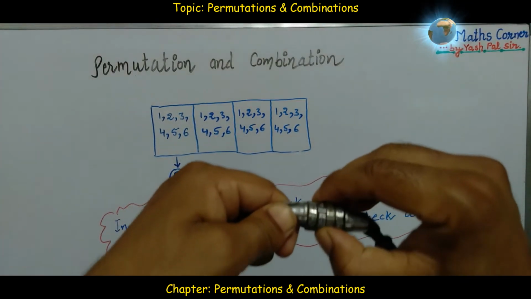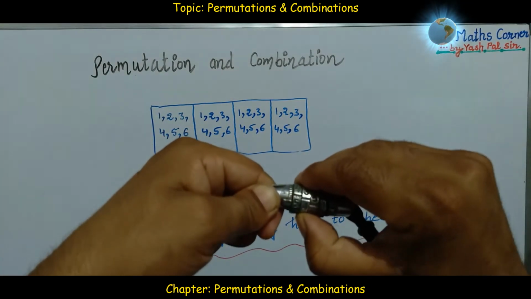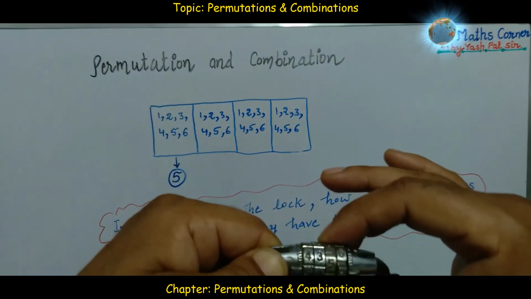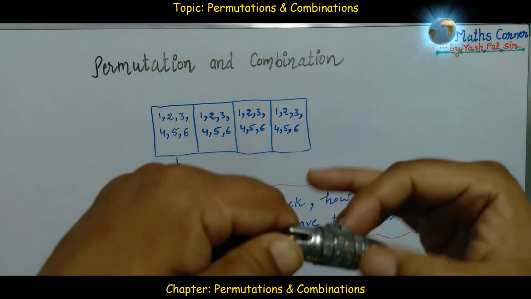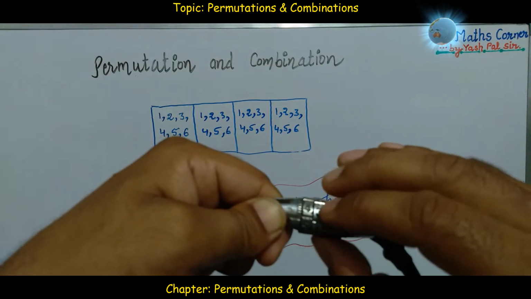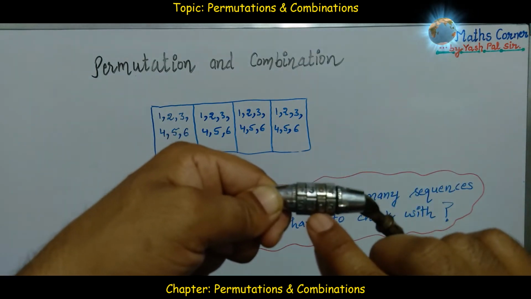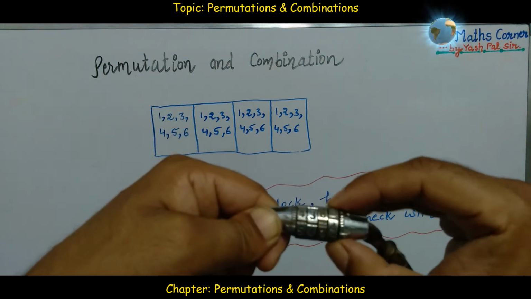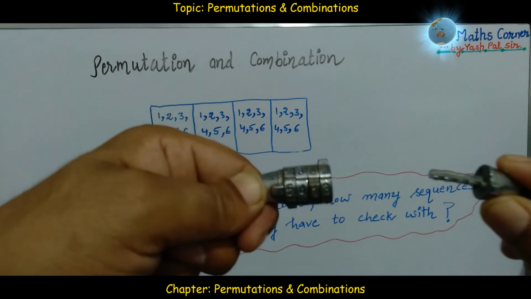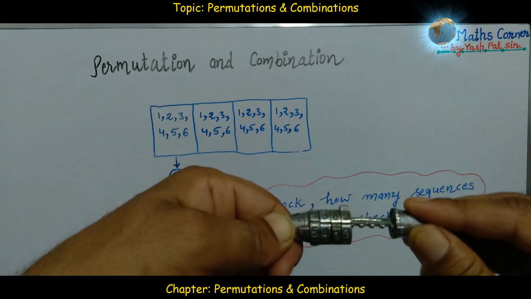In this way, out of those digits, I have 5. Thereafter this is 4. Then I arrange, and now I know the actual number of this lock: 5, 4, 1, and thereafter this is 3. I have arranged it, so this way the lock is opened.